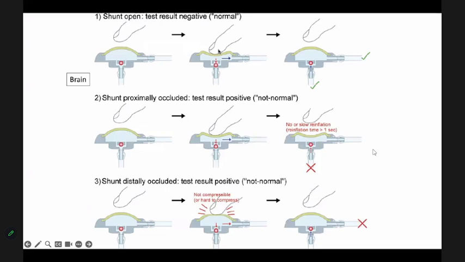You already know that nothing can go from outside to inside. This is inside and this is outside, so nothing goes inside. If it is working normally, when I compress, whatever CSF was inside the bulb has to flow out into the outward flow, into the peritoneum.